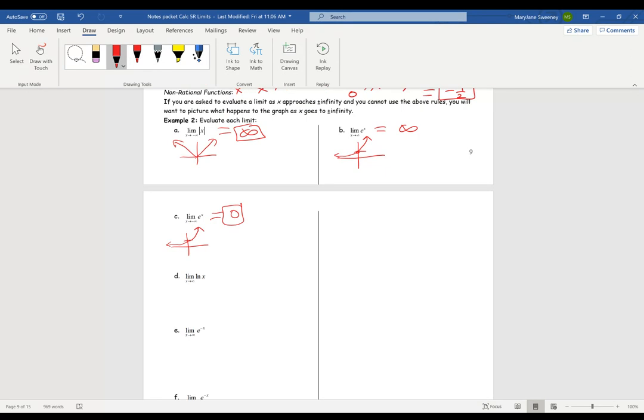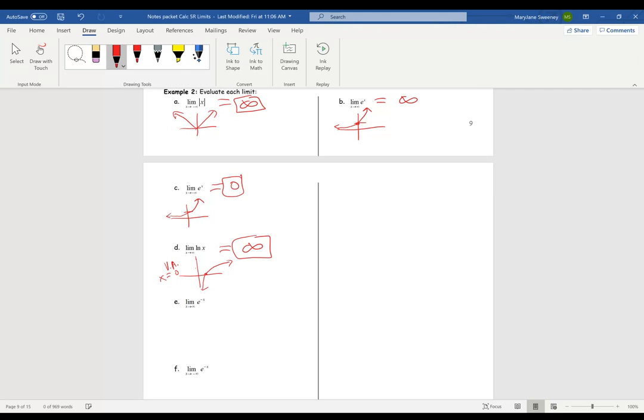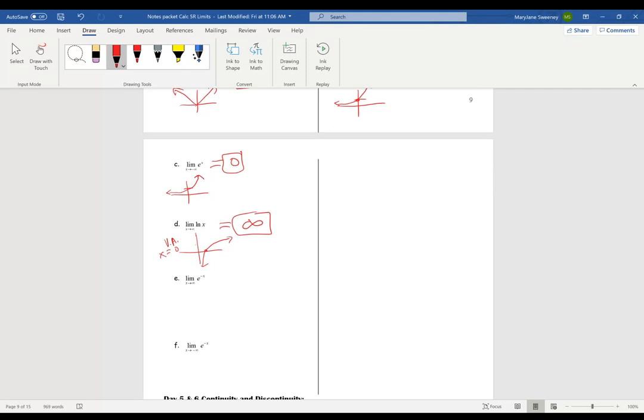Ln x, as x approaches infinity: natural log has a vertical asymptote at x equals 0. As x goes to infinity, y's are going to infinity.